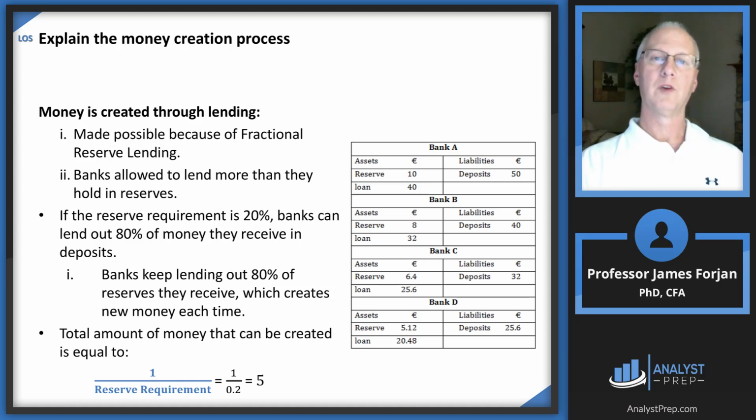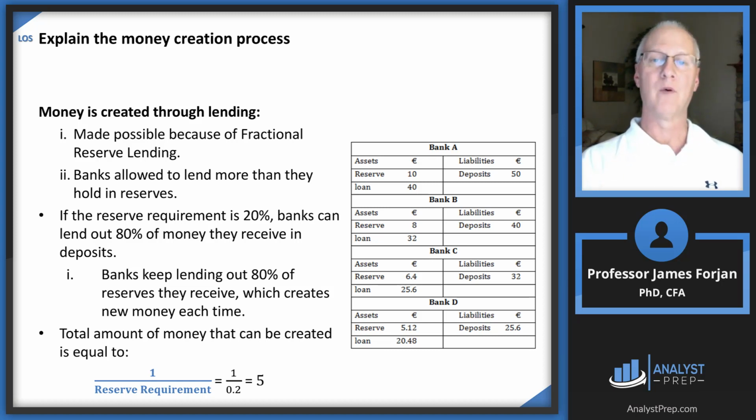Now, commercial banks are typically not allowed to lend out the entire 50 euros because there has to be some kind of a safety margin. That's called fractional reserve lending. So if the reserve requirement is 20%, the bank will be required to keep 10 euros in cash in the bank just in case I or somebody else decides to go down there and make a withdrawal.